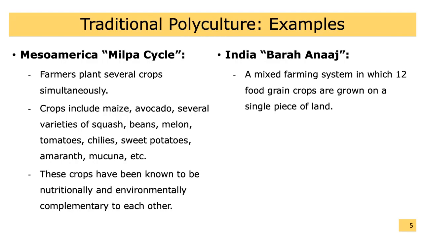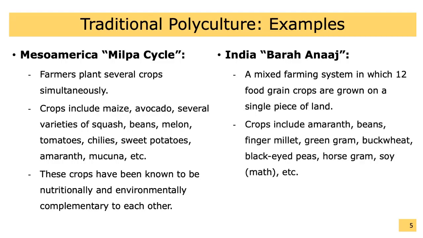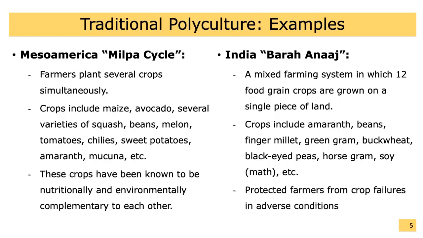It's a mixed farming system in which 12 food grain crops are grown on a single piece of land. Crops include amaranth, beans, finger millet, etc. These polyculture practices protect farmers from crop failures in adverse conditions. These ancient agriculture practices were designed to guarantee some harvest for the farmers, since not all crops planted together will fail simultaneously from pest, disease, or adverse weather.